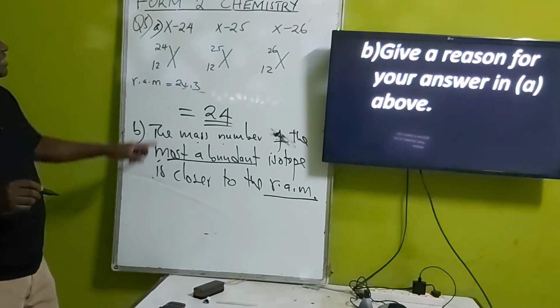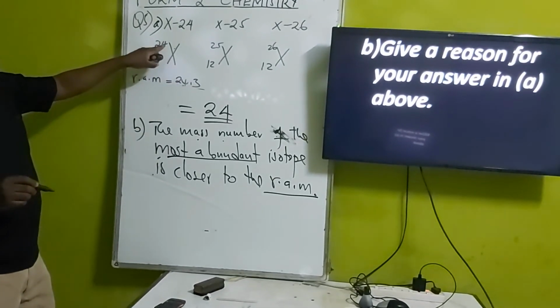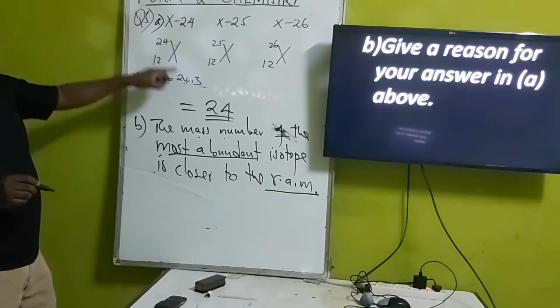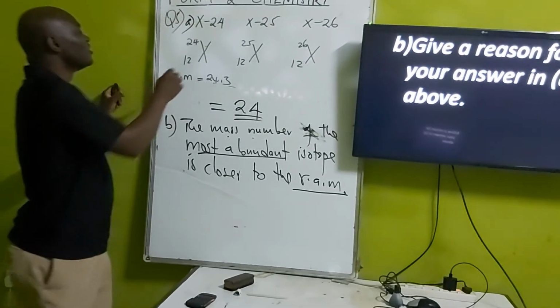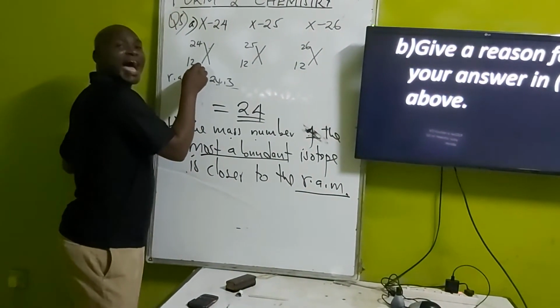That is the reason why the mass number of the most abundant isotope is closer to the relative atomic mass. So this is the most abundant. This is the one which has got the highest percentage.